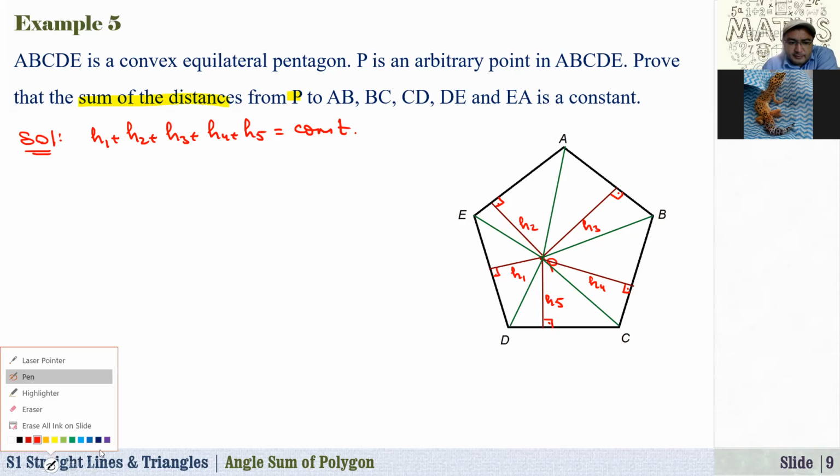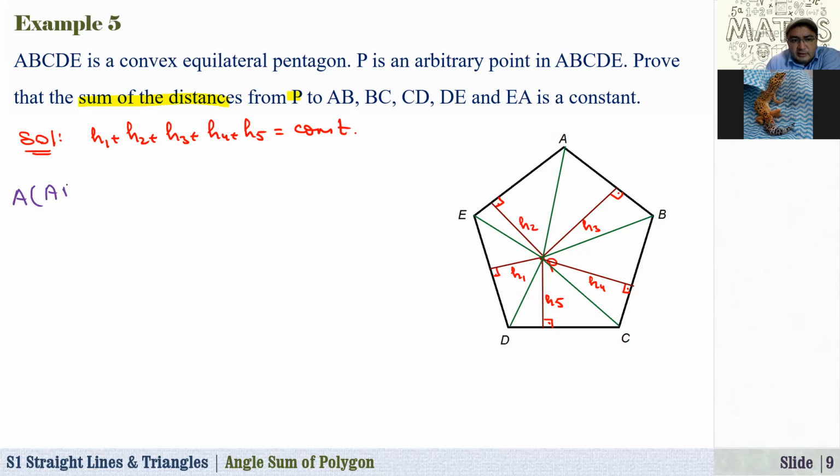Then the area of polygon ABCDE, let's say it is equal to S. That S is equal to the sum of how many triangles? We have 1/2 times H1 times, let me label the side. Oh, actually it is a convex equilateral pentagon, so all sides are equal.